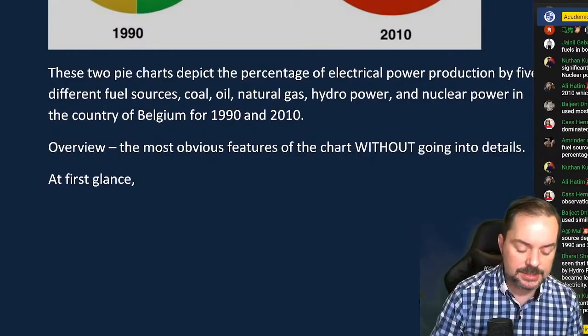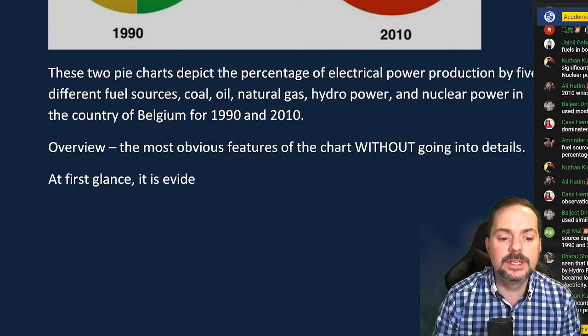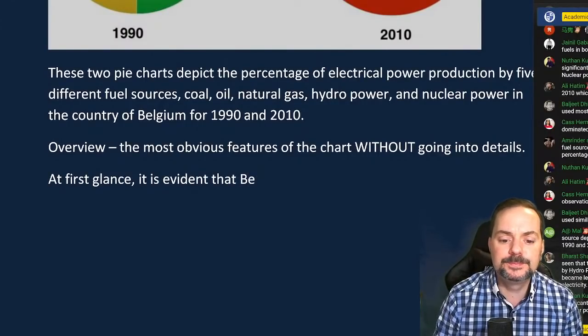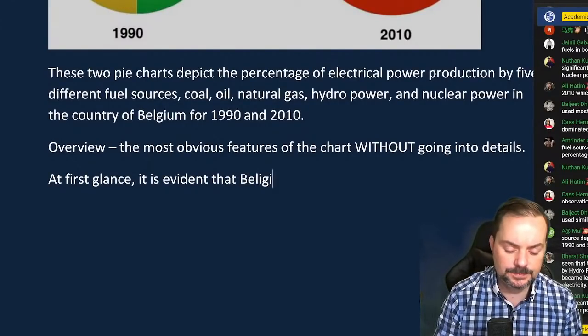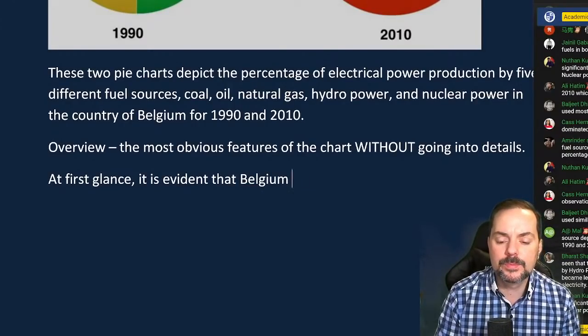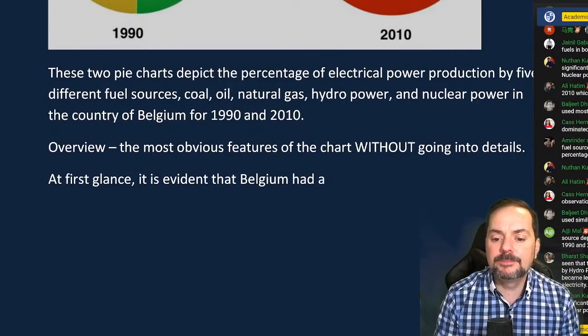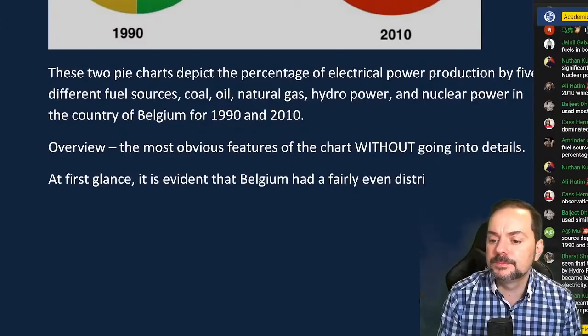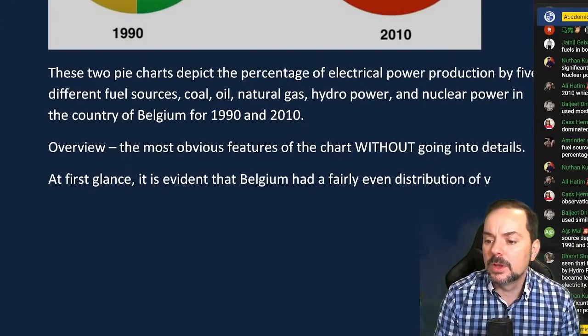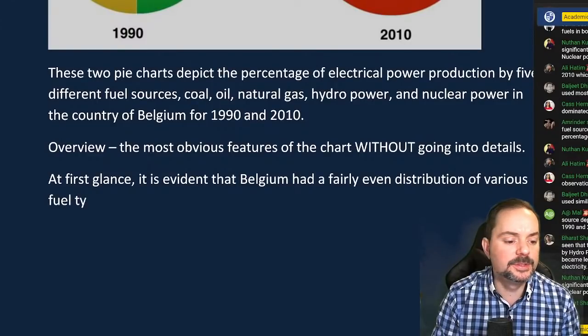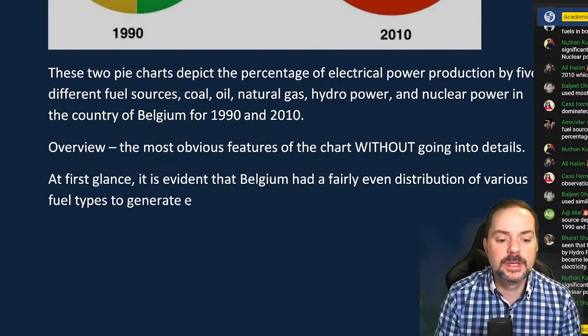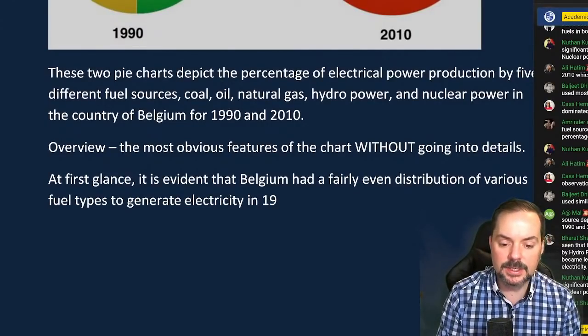Okay, so at first glance, it is evident that Belgium had a fairly even distribution of various fuel types to generate electricity in 1990.